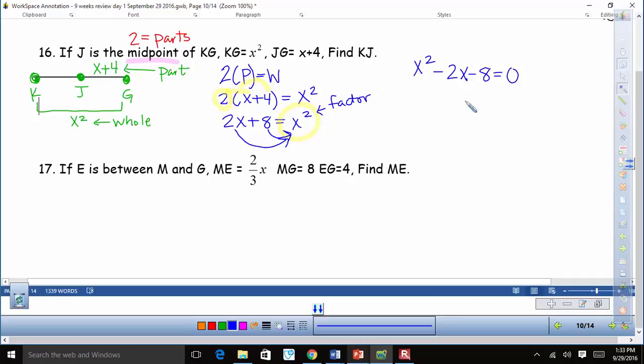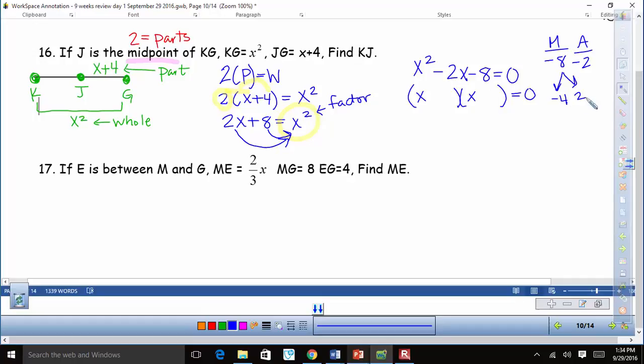What type of factoring is this? Trinomial shortcut. So we can go ahead and draw our parentheses. What letter is going to go in both of these? X. Okay? And I'm looking for something that multiplies to give me negative 8 and adds to give me negative 2.